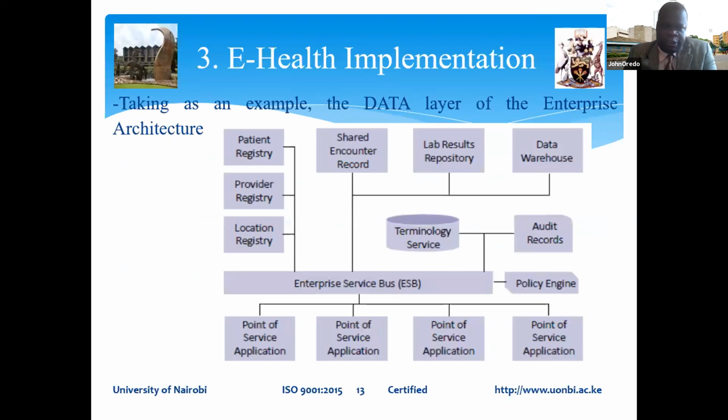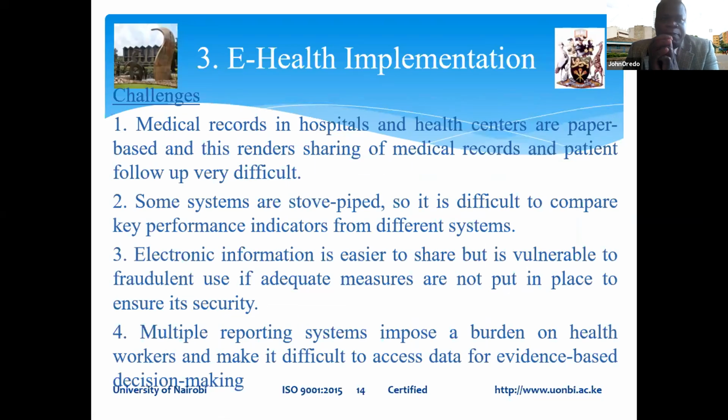So this is an extract of the data portion of the enterprise architecture. This enterprise service bus here is basically the infrastructure that is laid down. Now, in a bid to implement these e-health systems or health information systems, there are a number of challenges.